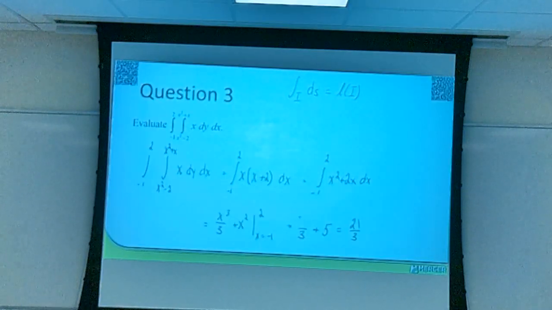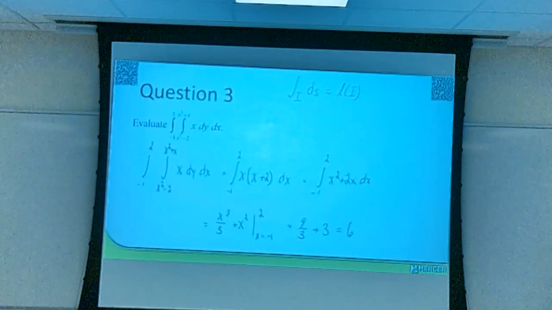It's 2 cubed minus negative 1 cubed, right, so it's 8 minus negative 1, which is 8 plus 1. And the second part should not be 5; it should be 4 minus 1, which is 3. And that should be 6.